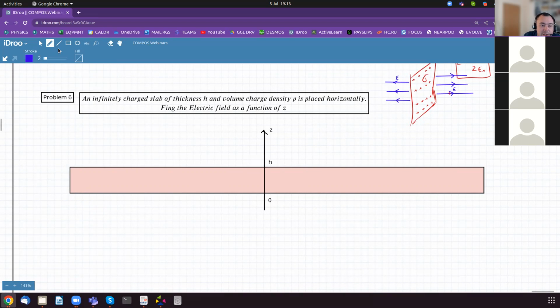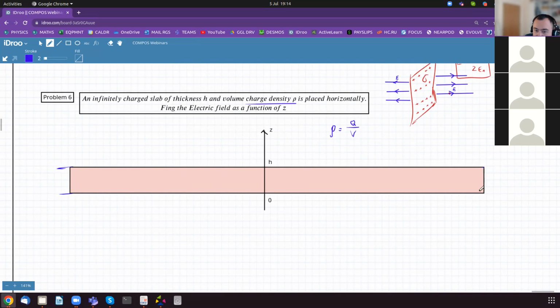So when we say charge density rho, we mean that it's charge per volume. You can't really find the total charge because it's infinite in both directions.